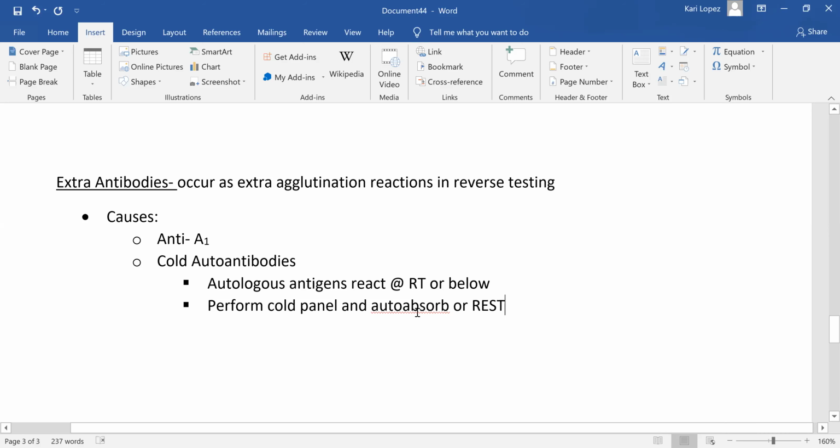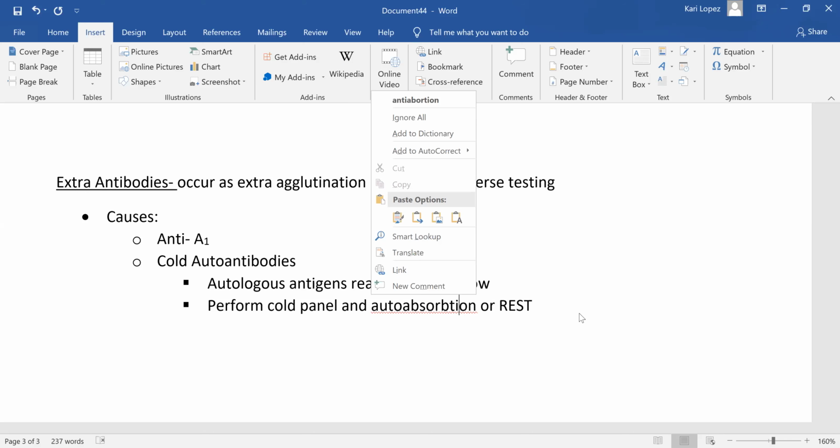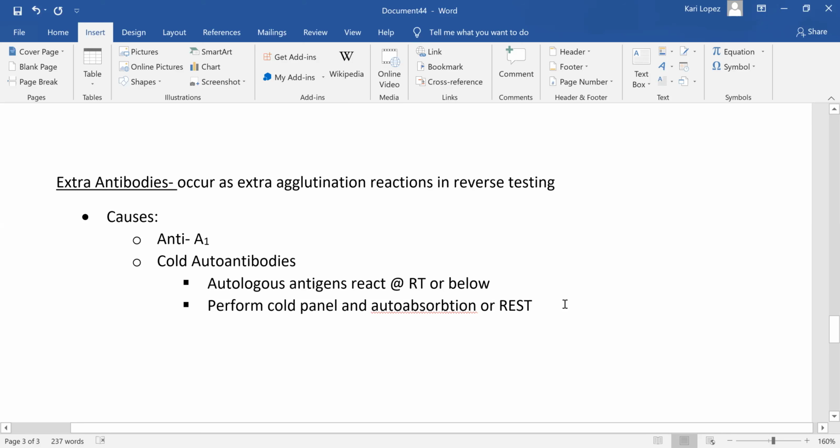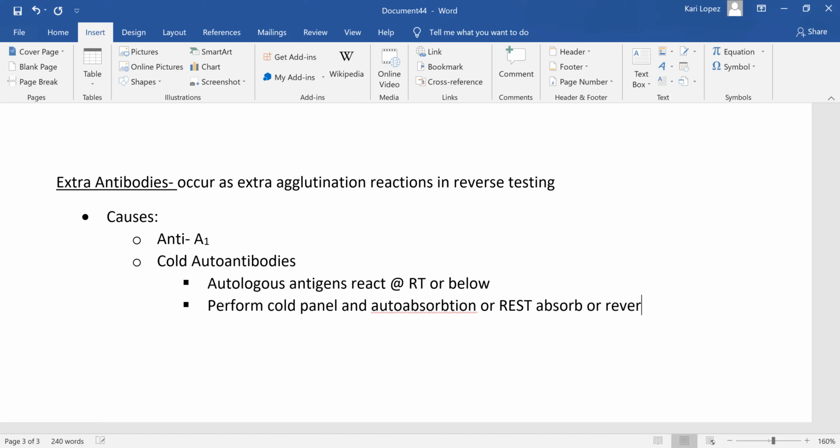And then you can do a cold panel and auto absorption, or a RESt test, or you can reverse type it.